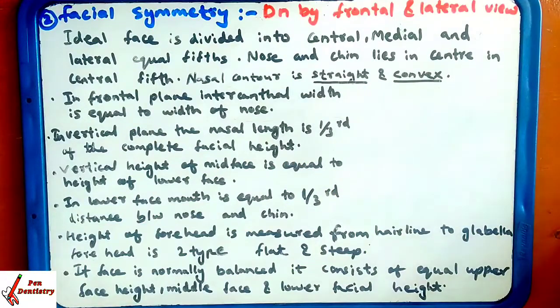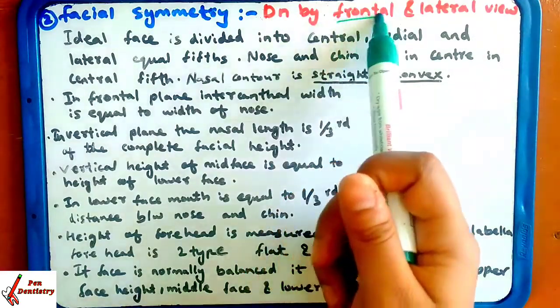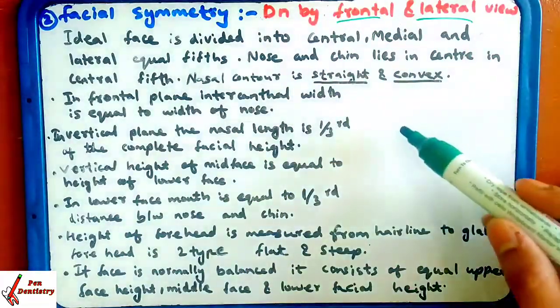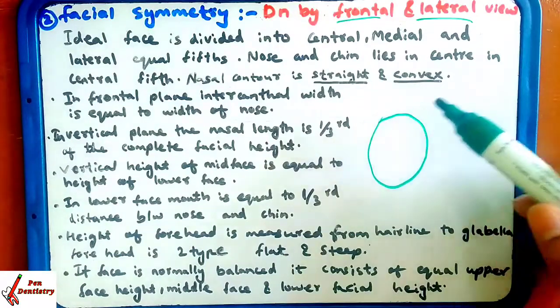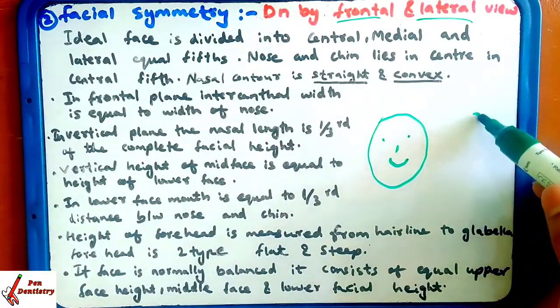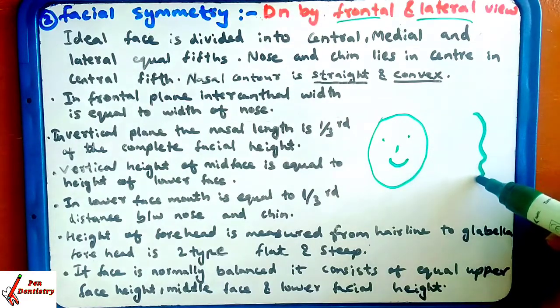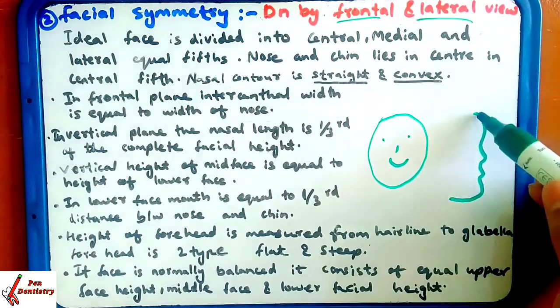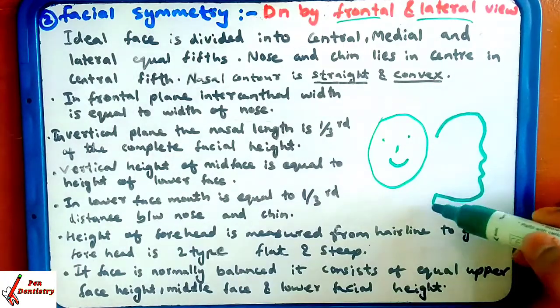When we are talking about the symmetry of the face, facial symmetry, it is done by the frontal and lateral view. That means you are going to see the face from the front side and from the lateral side.